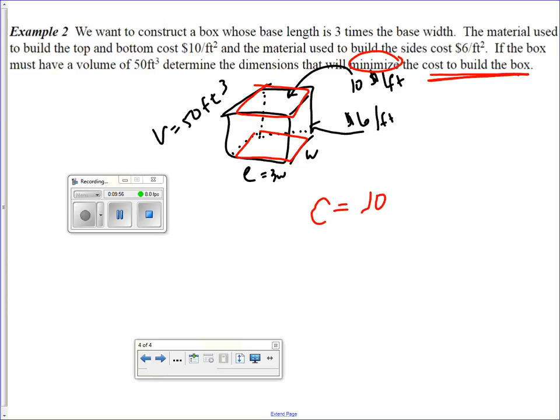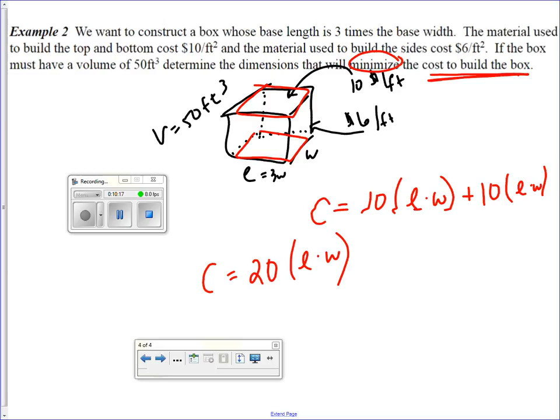So that's going to be $10 times length times width would be the top, and then it's also $10 at the bottom. So if I wanted to combine that, it's a total of $20 for the length times width, because there's two tops, all right?